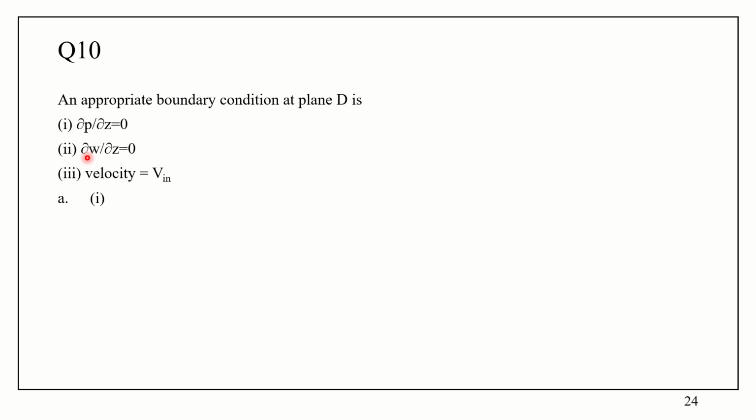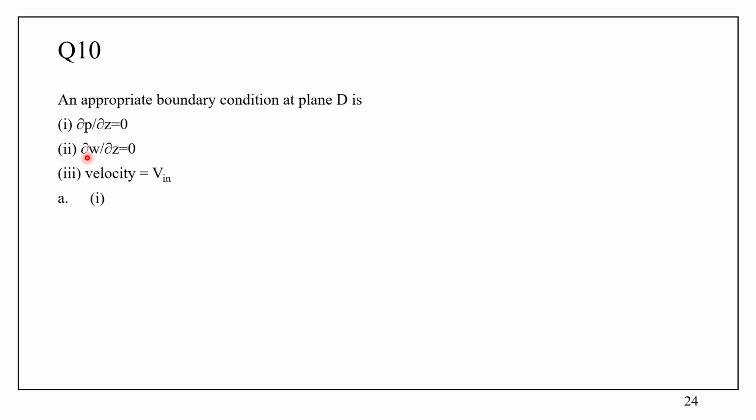And the third one, velocity is equal to V in, means that inlet velocity and outlet velocity are the same. V in is velocity at the inlet, and that is not the same as the velocity at the outlet. So the third statement is false.